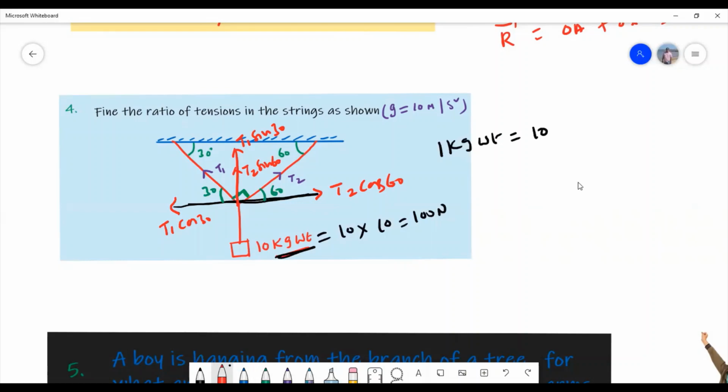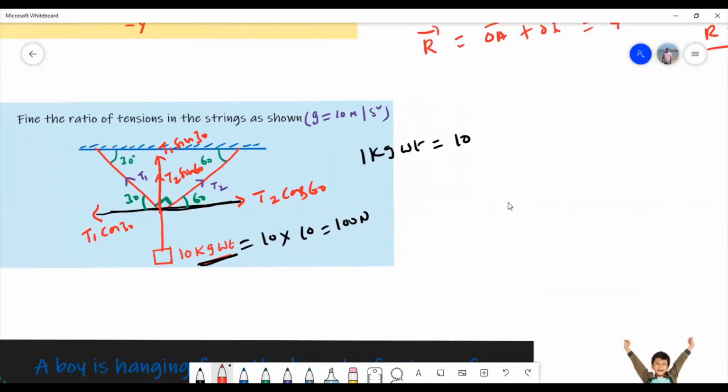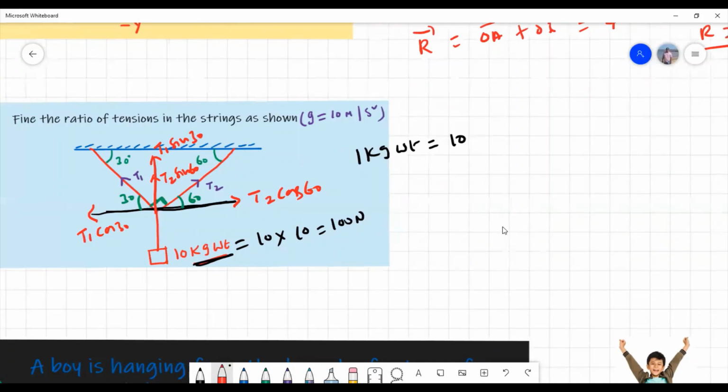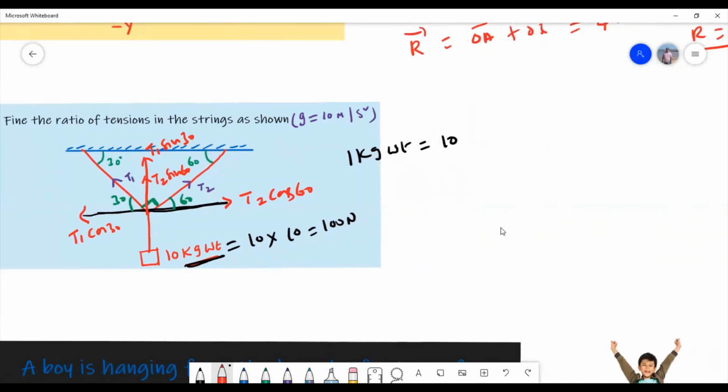Here this is in equilibrium. Whenever a body is in equilibrium, you have to equate the forces in the corresponding directions. So at equilibrium, I can equate T1 cos 30 is equal to T2 cos 60.